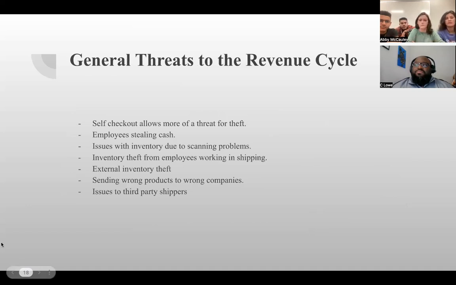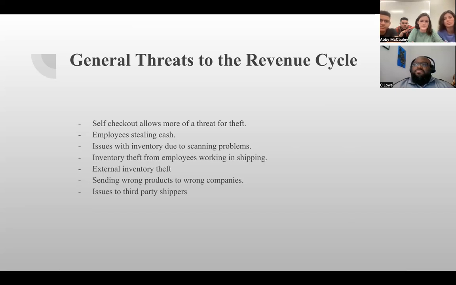Okay, so the general threats to the revenue cycle, much as we have mentioned, those are threats specifically to Walmart and Target, but these just go a little bit more in depth. Self-checkout is a very prevalent form of theft that's going on right now, especially since a lot of companies are implementing self-checkout.